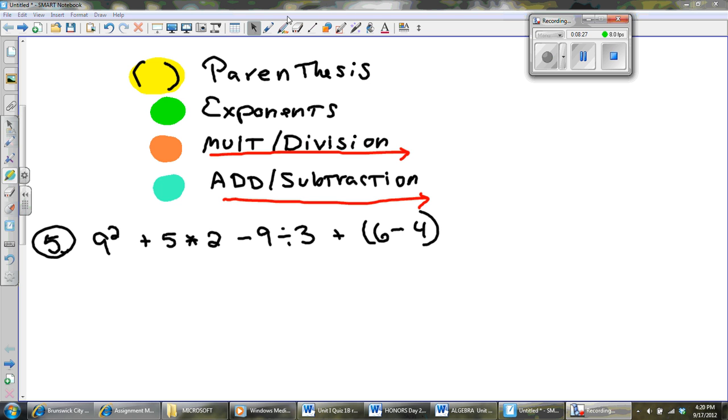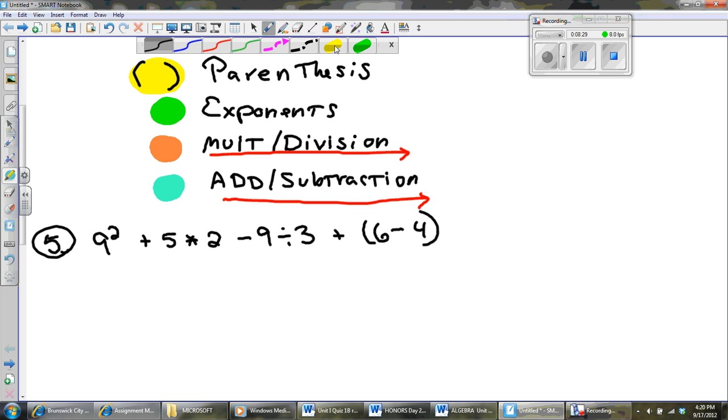Initiate scanning procedure. Searching first for parentheses. I have found parentheses. I shall highlight that part of the problem. Continue scanning process. This time searching for exponents. Exponent detected. Continuing search process.